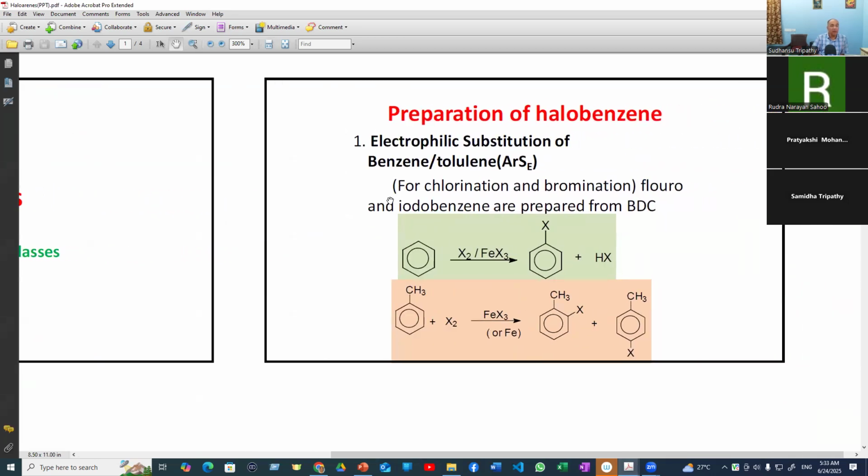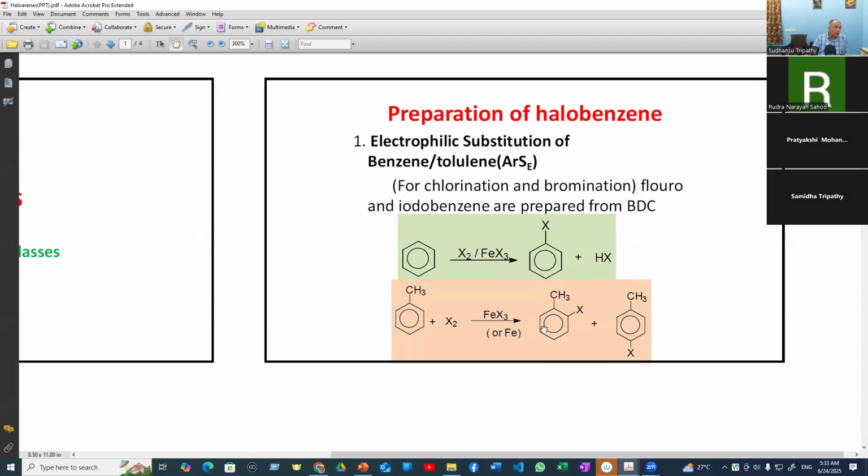The most important haloarene is chlorobenzene, from which many other compounds are prepared. Bromobenzene can be prepared, iodobenzene can be prepared, fluorobenzene can be prepared. But out of all, chlorobenzene has versatile applications that we will study, but we will take X representing any halogen.